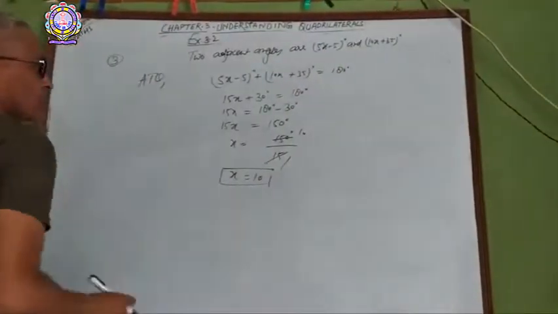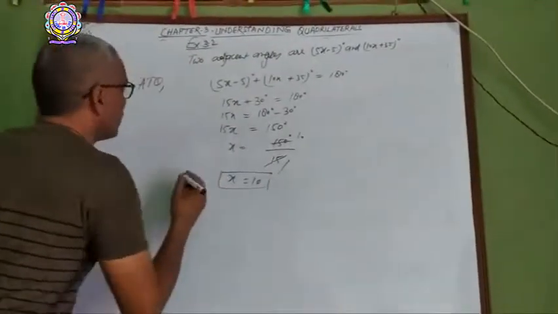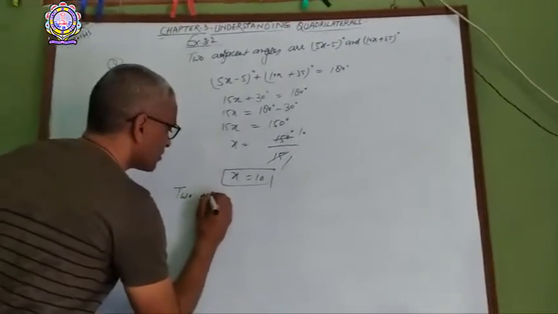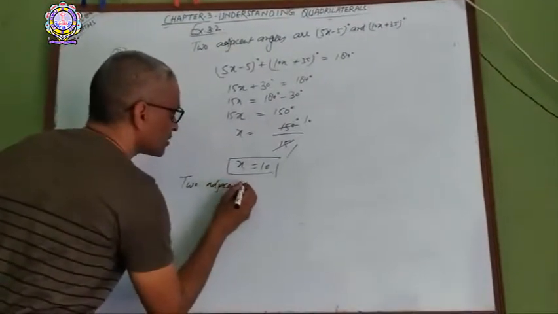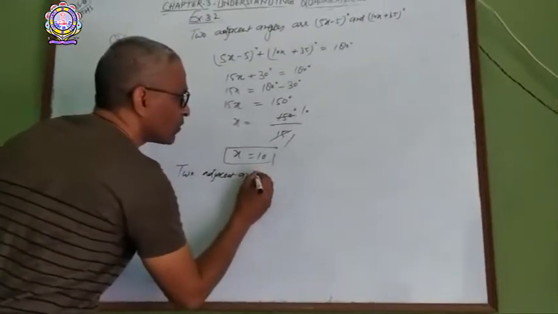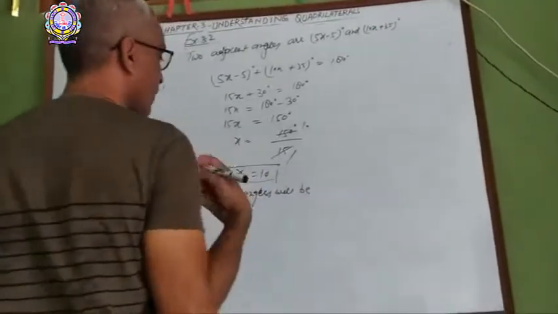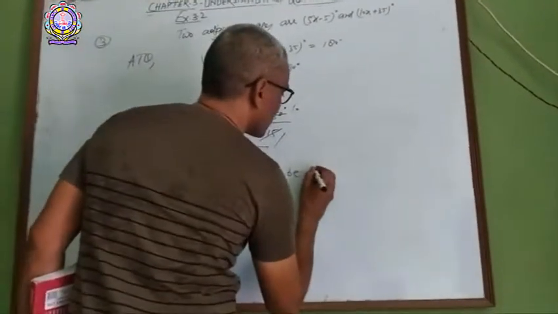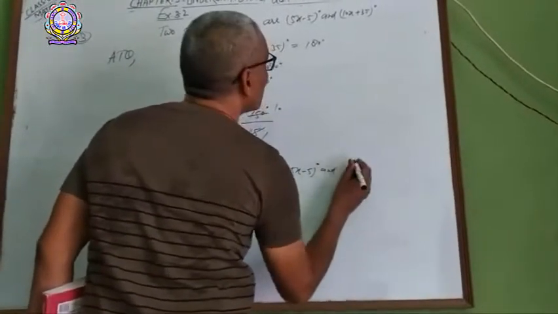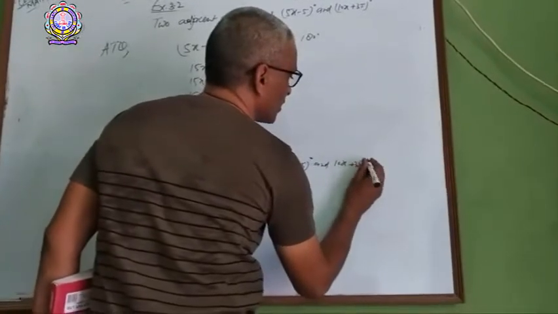Therefore two adjacent angles will be 5x minus 5 degree and 10x plus 35 degree.